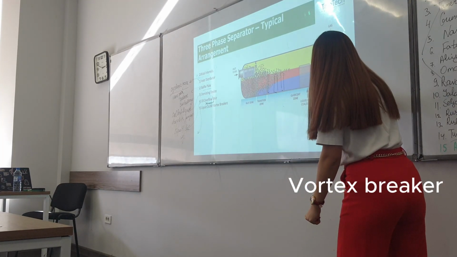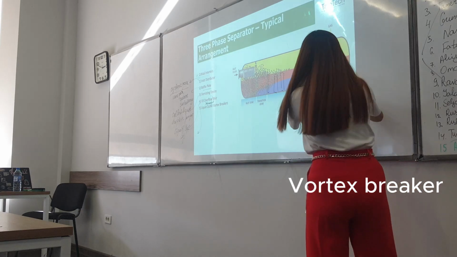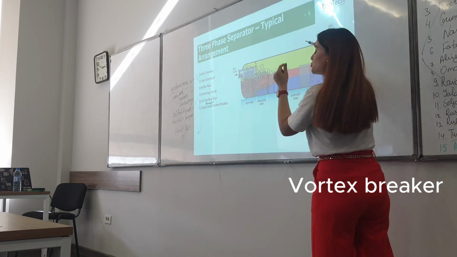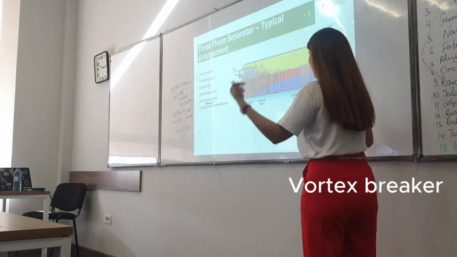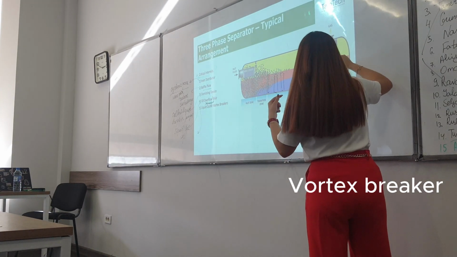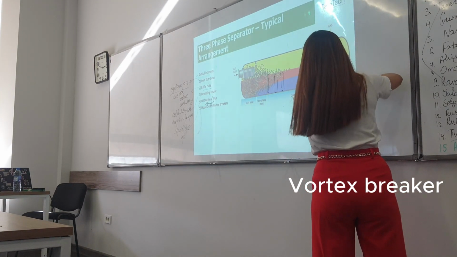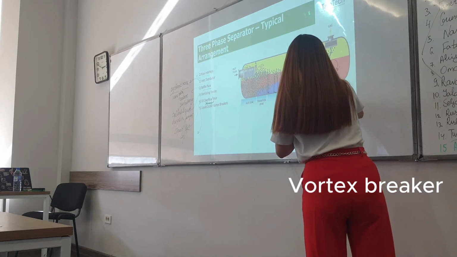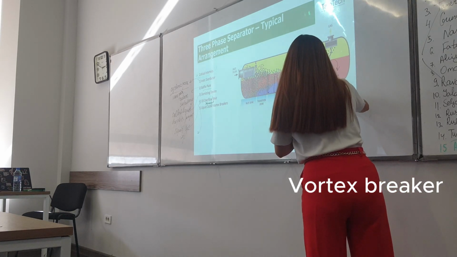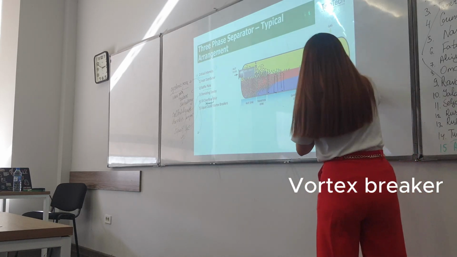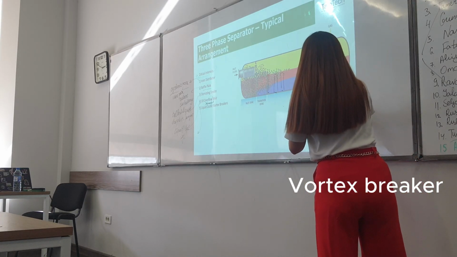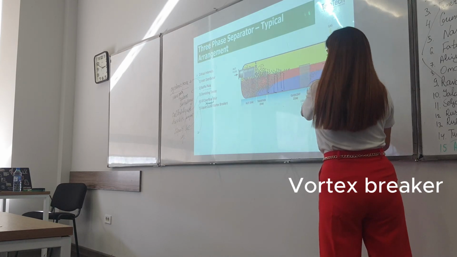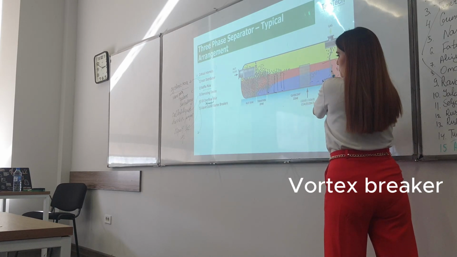In order not to mix the water and oil together, or water and gas molecules also, we have gas and water, or gas and oil, or water and oil. Therefore, we have a spiral, it looks like an X. So it tries to avoid the whirling effect and make the flow smoother, and it breaks the vortex. That's why it's called vortex breaker.